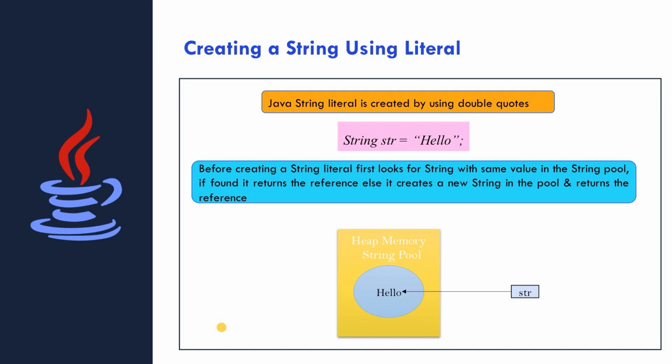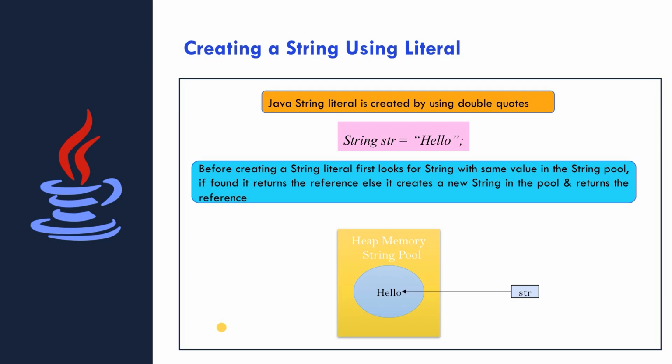You say String str = "hello", using double quotes. So str is basically a reference variable which is pointing to hello. In the string pool we have a literal called hello, and str will contain the reference for that literal, and this is how we get a relationship mapping.